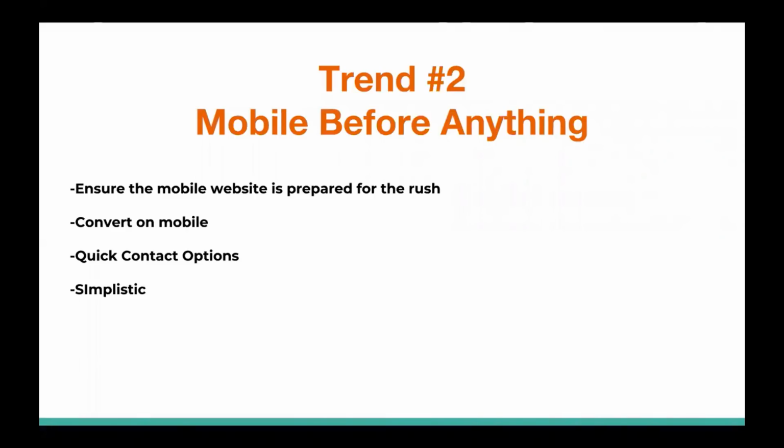What I mean by convert people, and this is another conversion tip to increase your conversion rate, from the number of people that come to your website to the number of people that subscribe in some way, shape, or form. Whether that's opting in for a free ebook, a free report, subscribing to your email list, maybe subscribing to your blog, you need to make this very quick and simple for the mobile user.